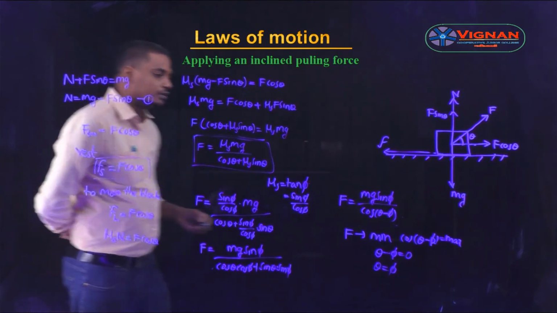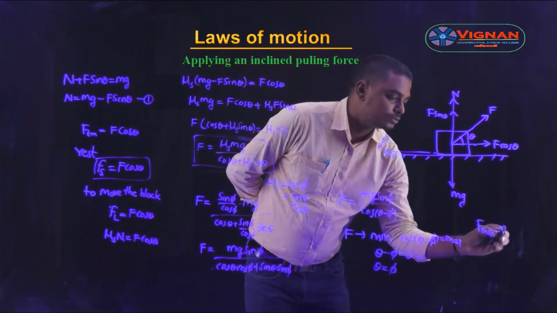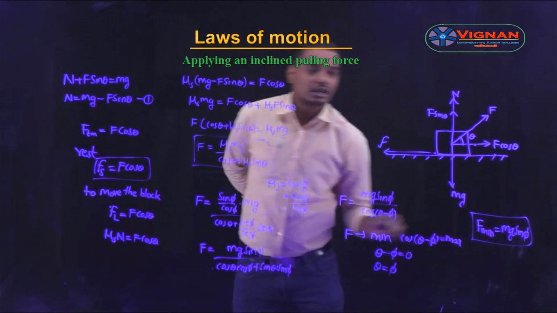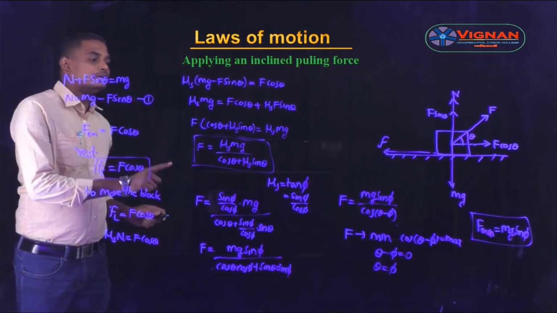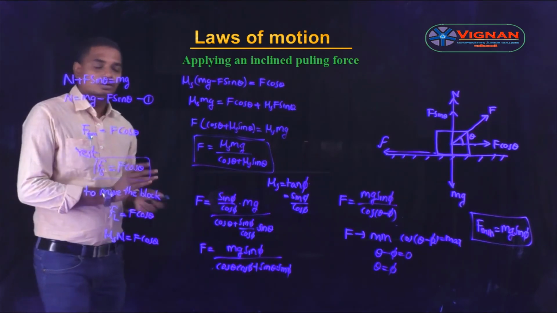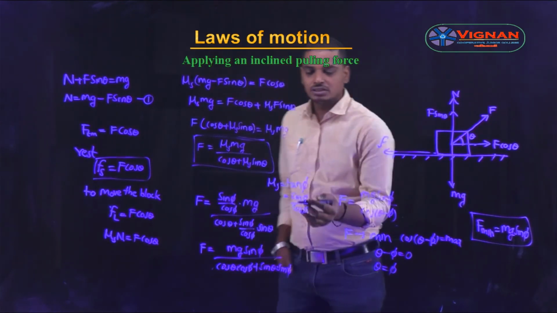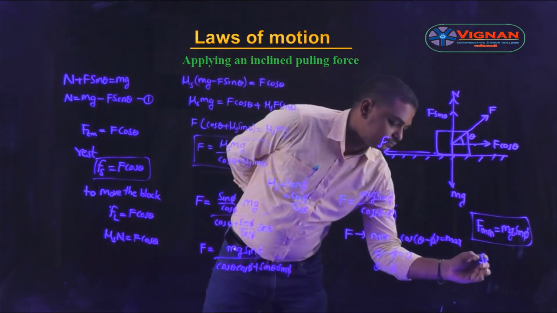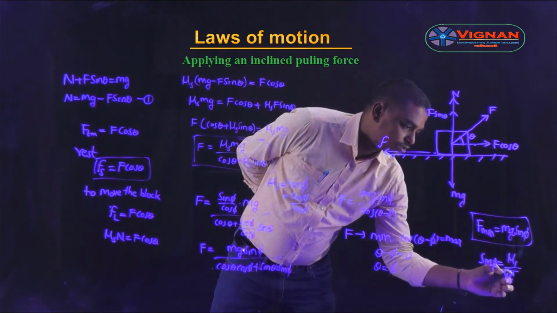Then if theta is equal to phi, the minimum force F minimum is equal to mg sin phi, which is the minimum force required to move the block. Then theta should be equal to phi, the angle of friction. Then only the block can be moved. Or it can also be written like this: we know that tan phi is equal to mu s, from which sin phi is equal to mu s by root over (mu s square plus 1).